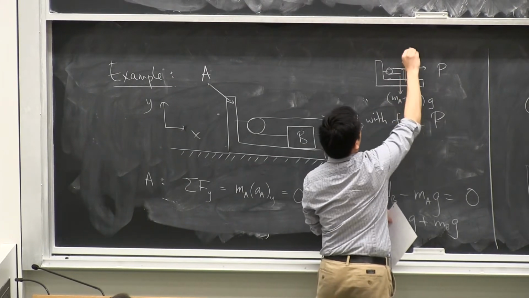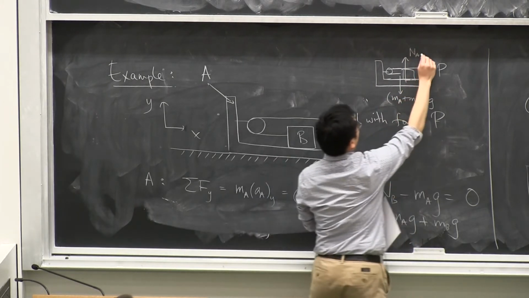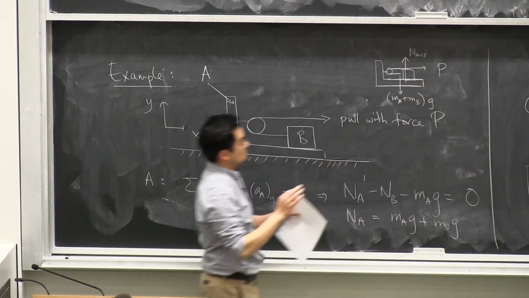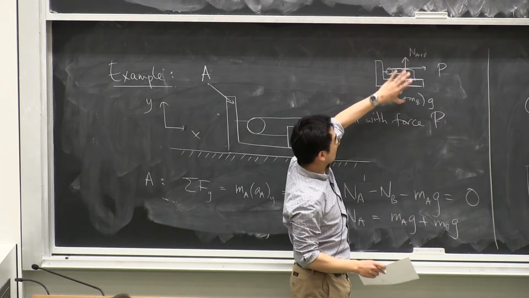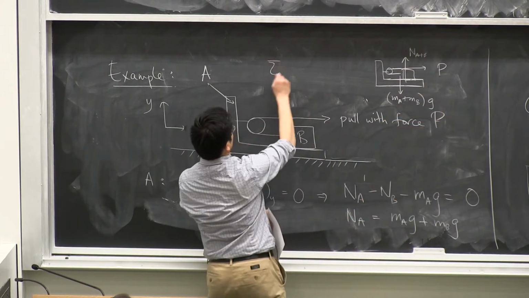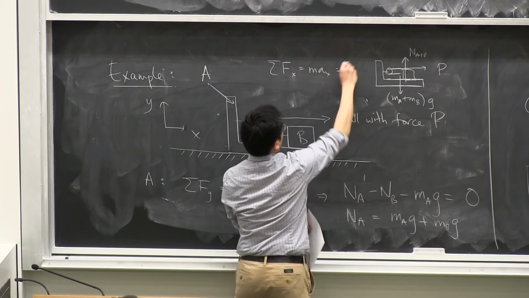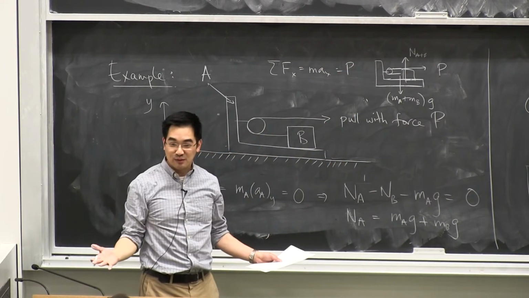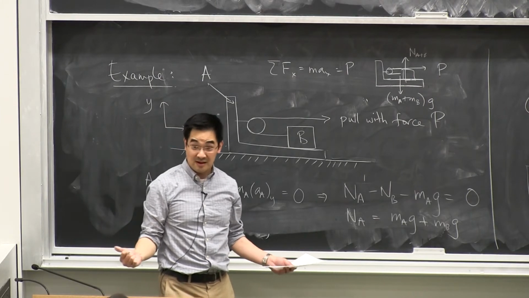And then you'll have an NA plus B, which matches that in order for the block to not move. And then all you have left is a P force. So sum of forces in the X is MAX is equal to P. Now you can't solve the problem.